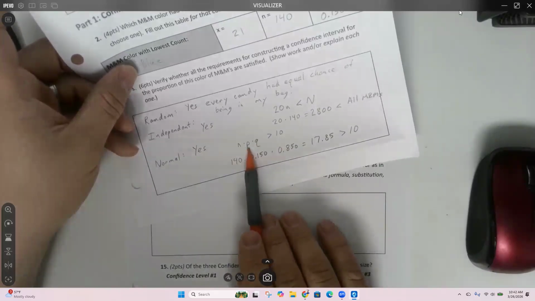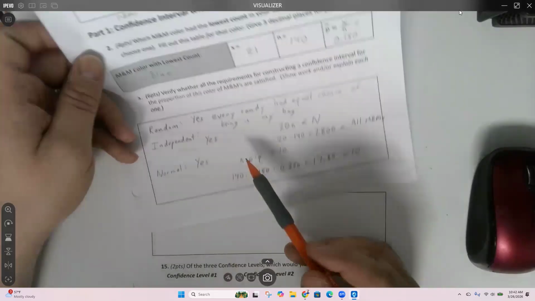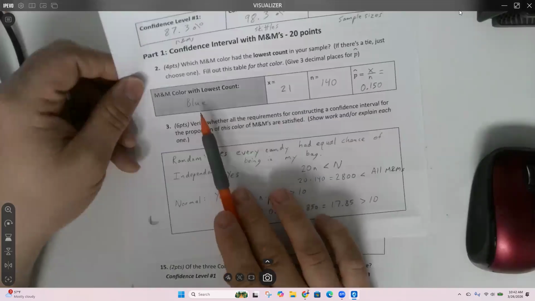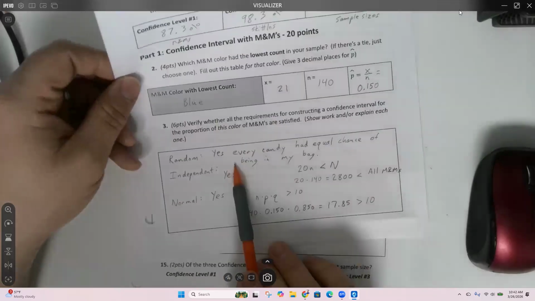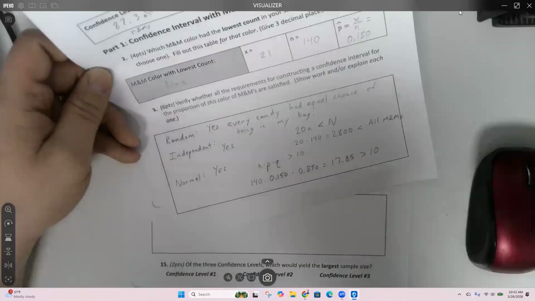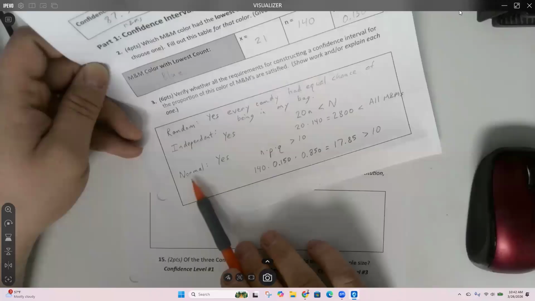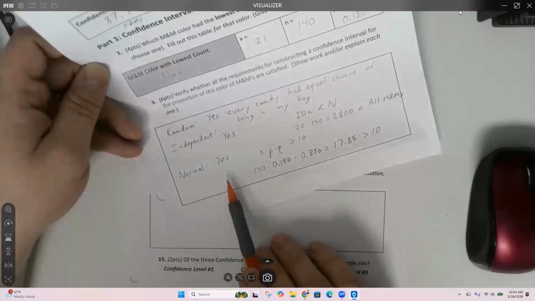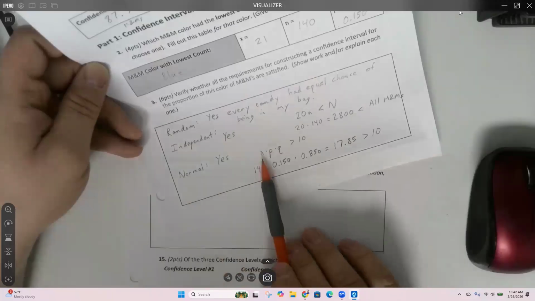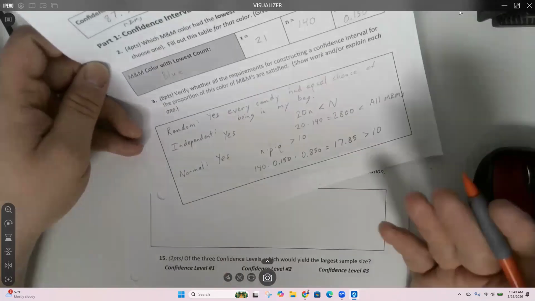You can't control what percent of your sample is blue. If you do that, then it's not random. You can't just pick out all the blues. So in order to make sure that you're satisfying the requirements, you need to have a large enough sample size. And the larger your sample size, the more accurate your results would be.